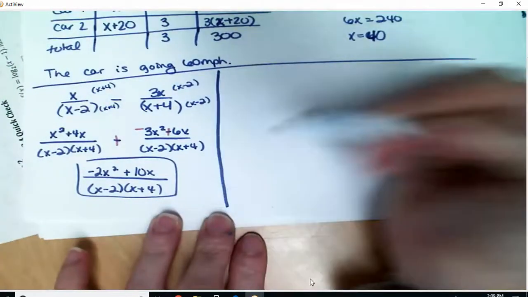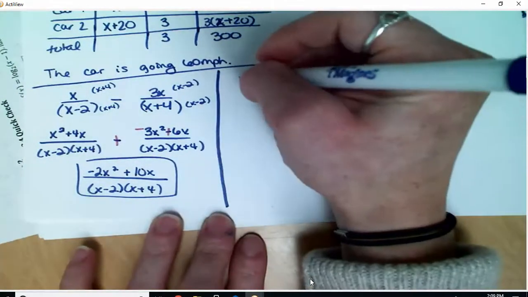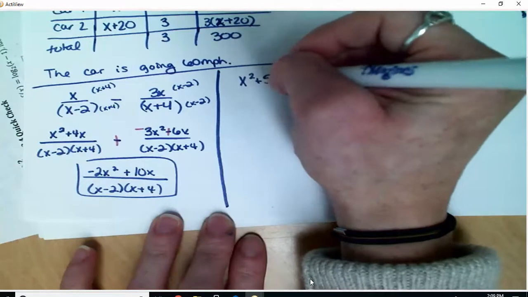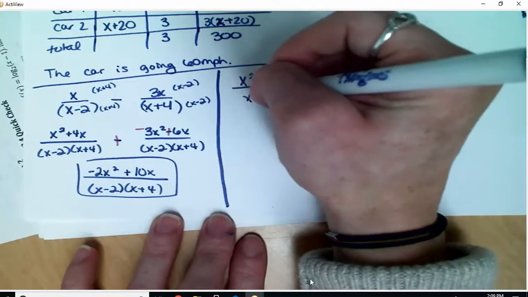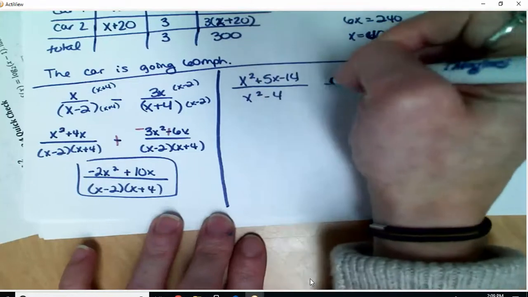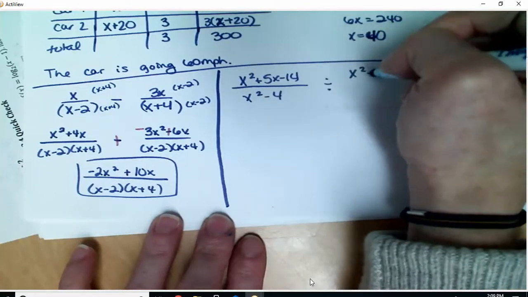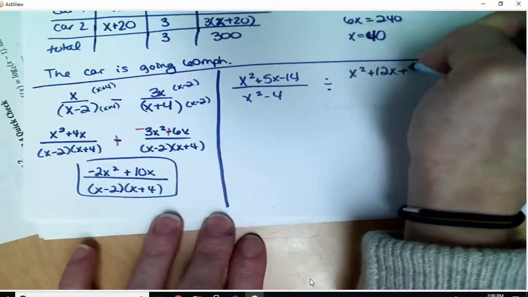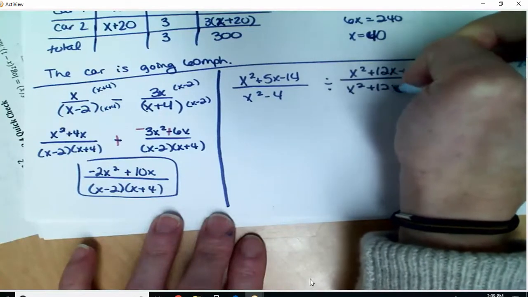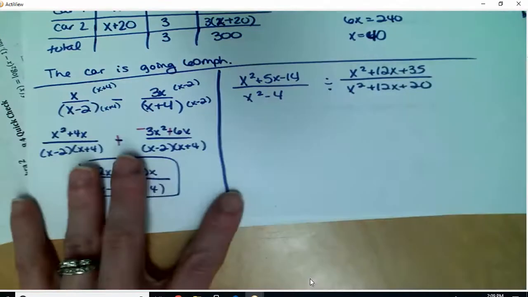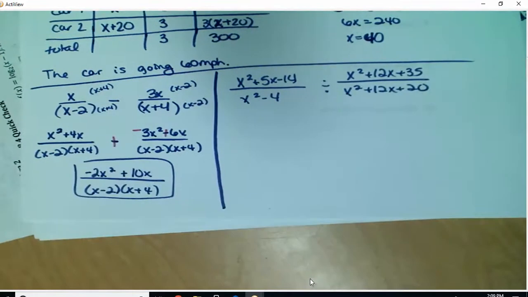If I gave you, that's a problem. Do we need a common denominator to divide?